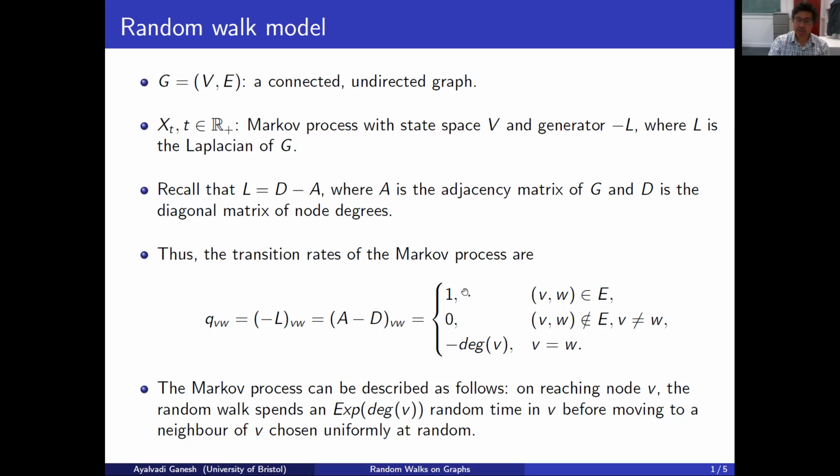So there's an exponential QVW clock on each possible transition VW. And when you are in state V, you take the minimum of these exponentials. And at that time, you take the transition which attained the minimum. And that's the other description of the Markov process.